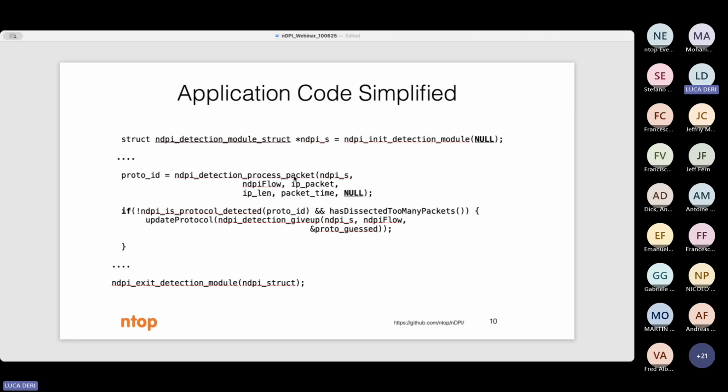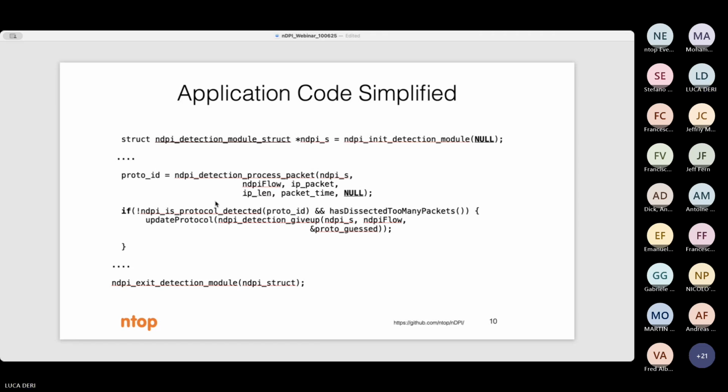We pass the packet starting at the IP header. So it's a task of the application to decode the packet up to the IP. If there is some encapsulation, such as an MPLS header or VLAN, the application should strip it, and then pass the packet to nDPI. nDPI in return returns a protocol ID that can be unknown, or can be whatever the protocol.